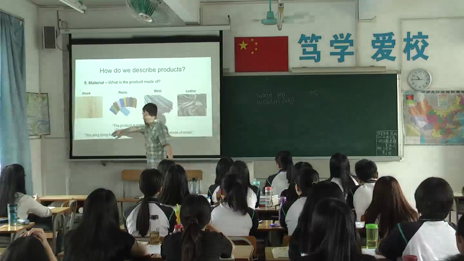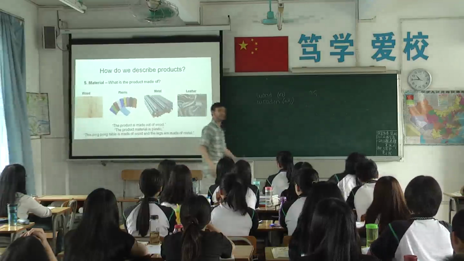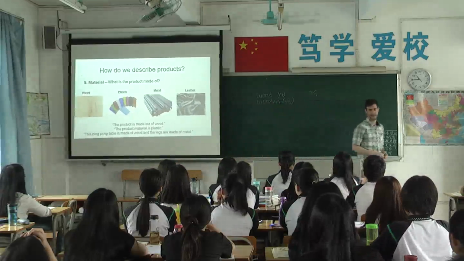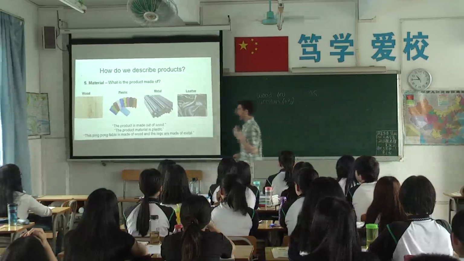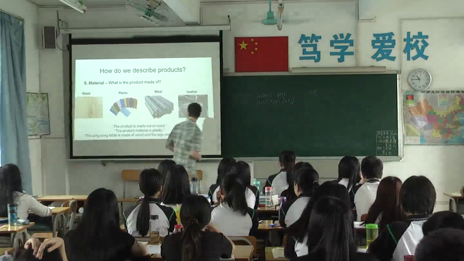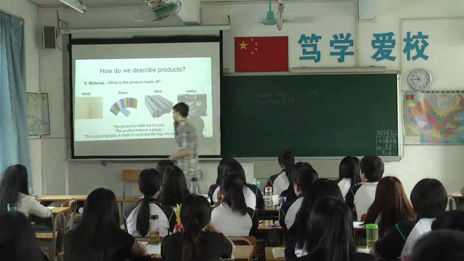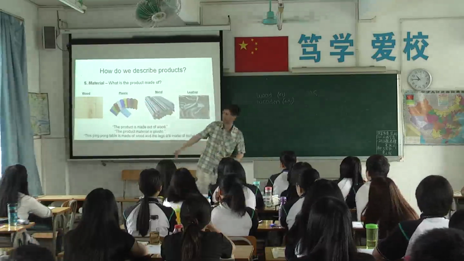Or, the product material, this is another way to say it, the product material is plastic, right? So you can say the product is made out of wood. Excuse me. What is your ping pong material?